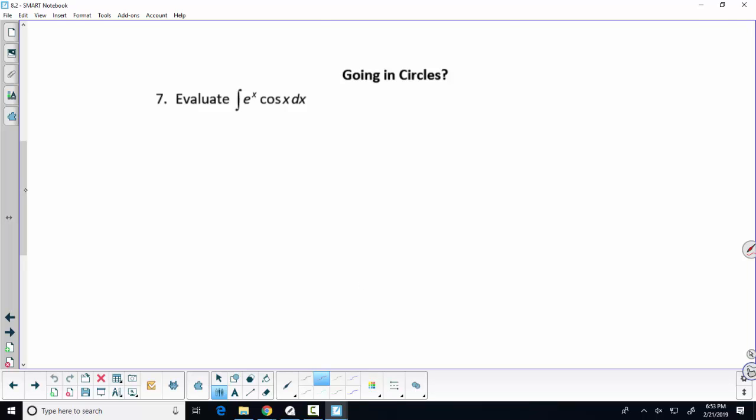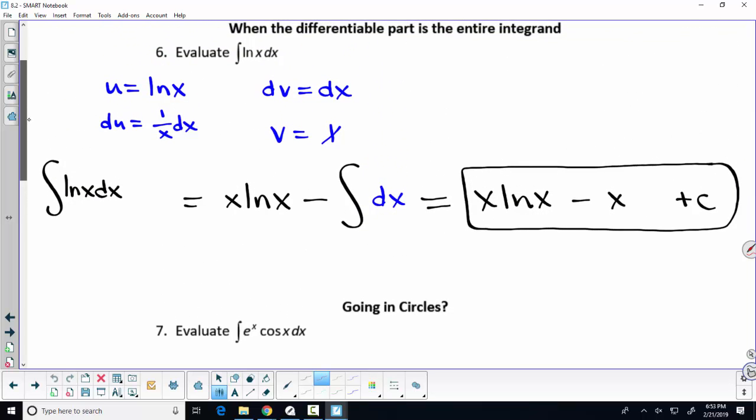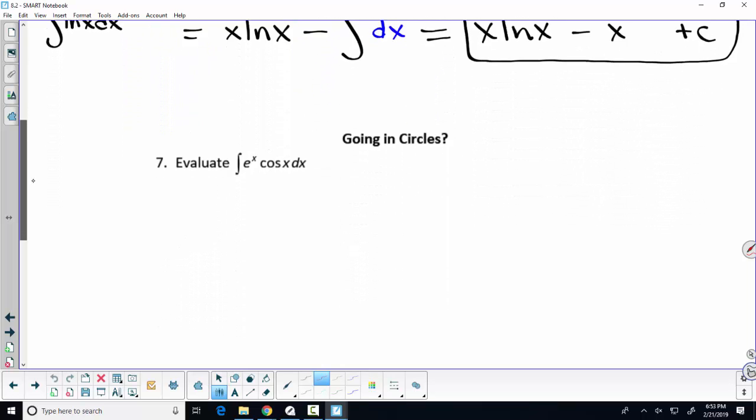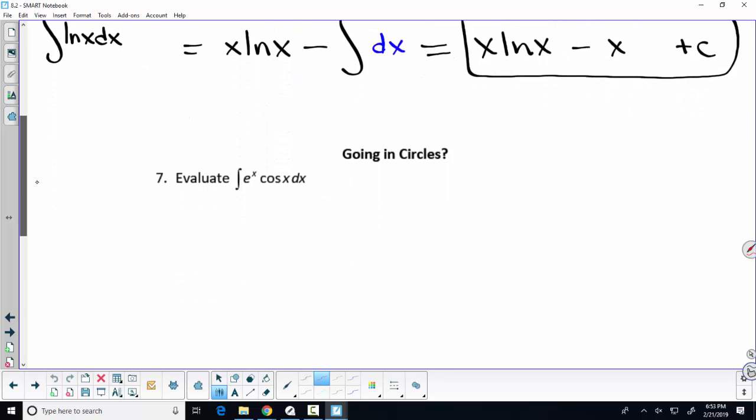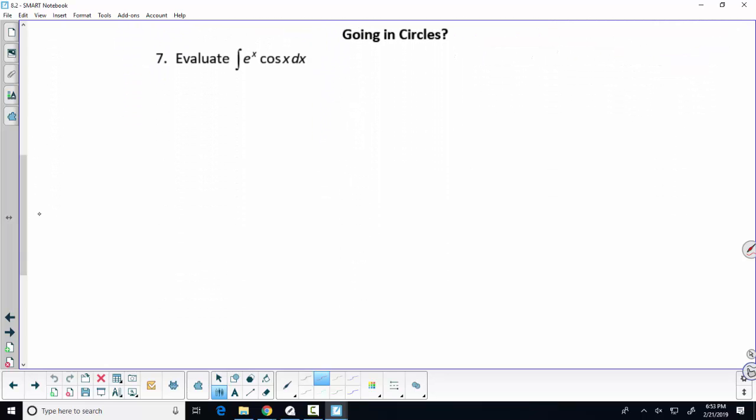So where we left off, 8.2 integration by parts. Did this antiderivative of ln of x. Some of these, if you think about the tabular integration thing we talked about, neither one of these two functions' derivatives will ever go away, right?